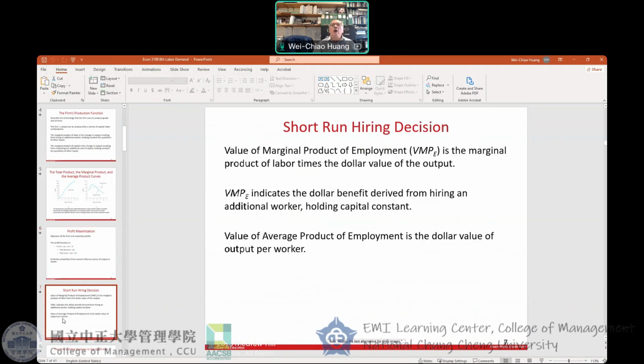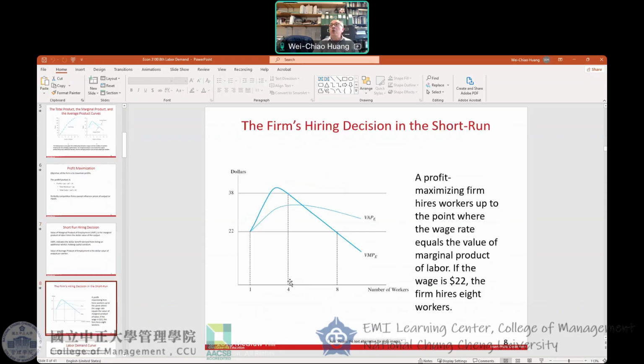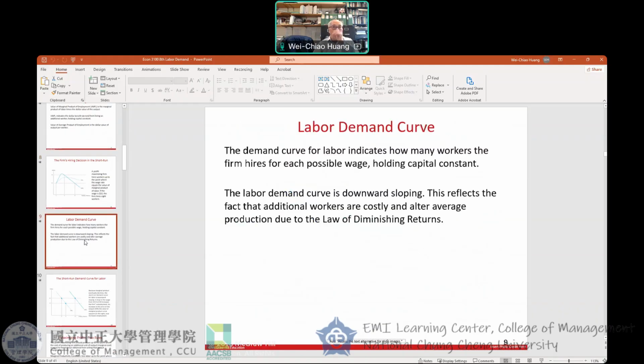And then we already analyzed the short-run hiring decision, which is like this picture showing that in the short run, the profit maximizing decision is to hire 8 workers because that's where VMP is equal to wage. Let's say wage is 22. This is something I talked about back in that classroom already.